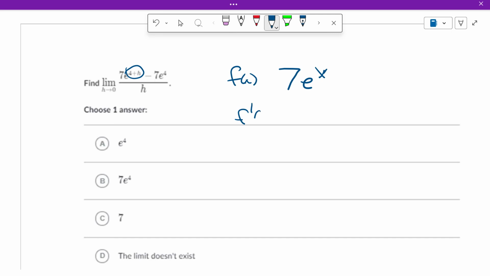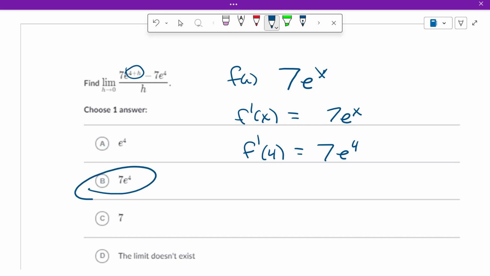So the first derivative of that is 7e to the x, and then you replace the 4. So on the disguised derivatives, whatever this part is, you put an x in there, you do the first derivative of it, and then you replace back the number that's in there.